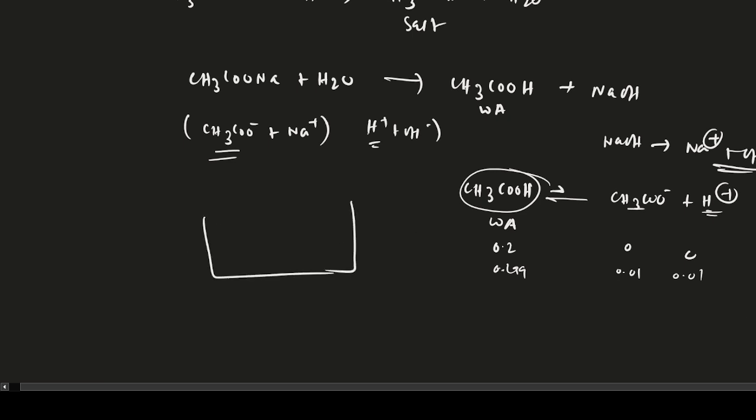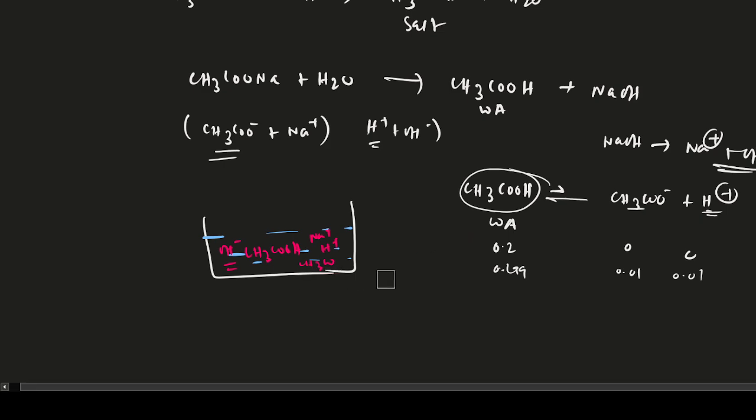So in solution, what it says is that we have CH3COOH, CH3COO minus, H plus, Na plus and OH minus also there.